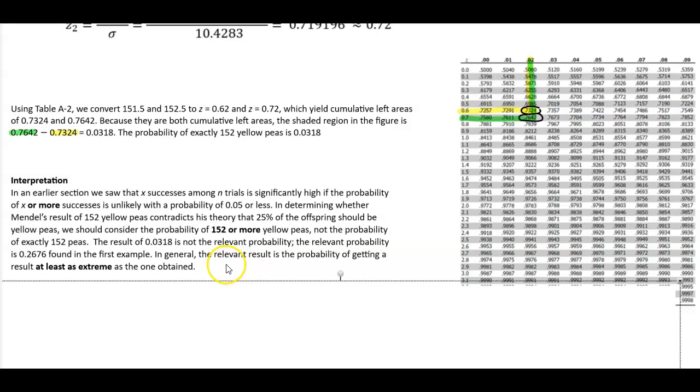The result of 0.0318 is not the relevant probability. The relevant probability is 0.2676, found in the first example. So in general, the relevant result is the probability of getting a result at least as extreme as the one obtained.